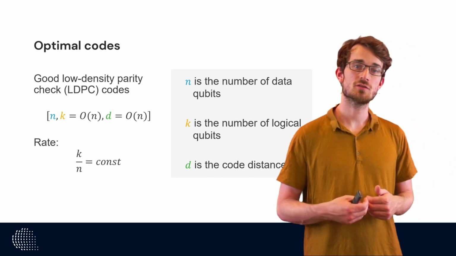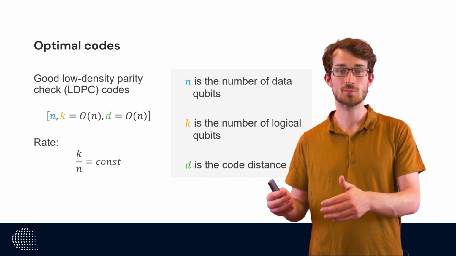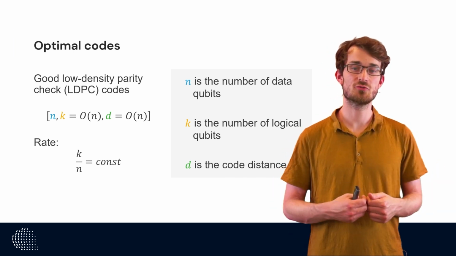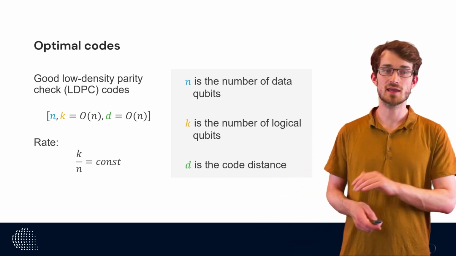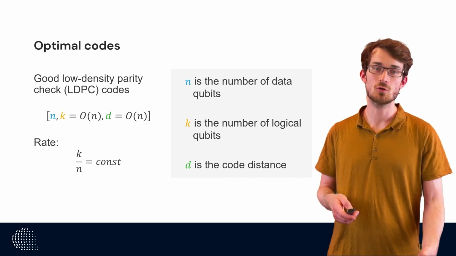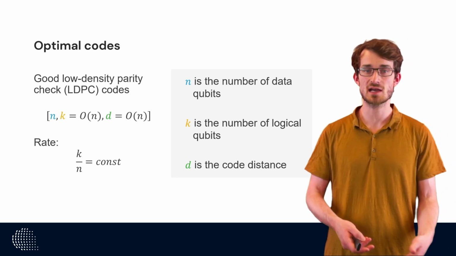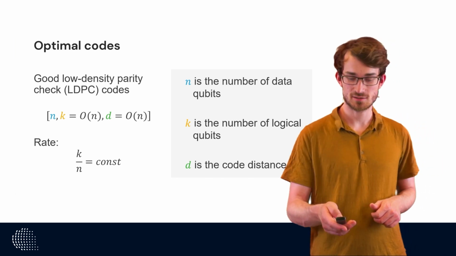In such a code, we can potentially encode many, many more logical qubits in fewer physical qubits as compared to, for example, the surface code. But this is still a very hot topic in research, and the details, such as how do we decode it, how do we really construct all the stabilizers in an efficient way, are still very much work in progress.